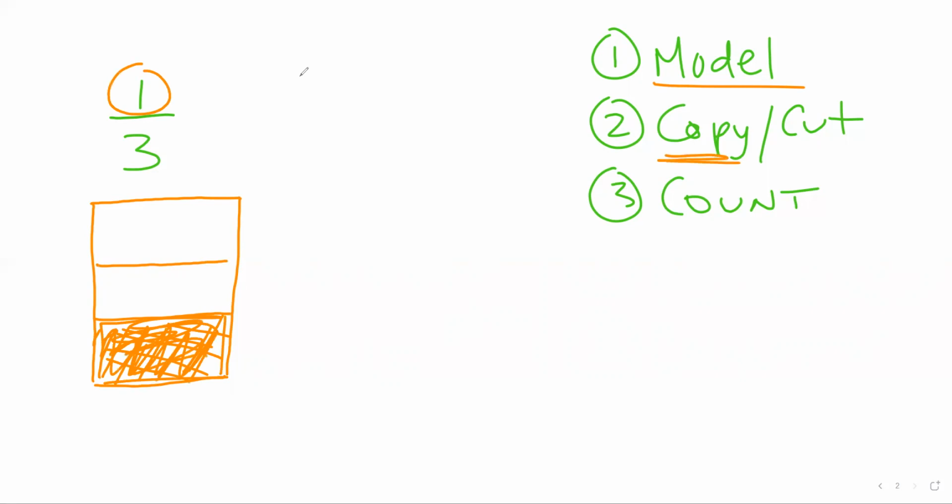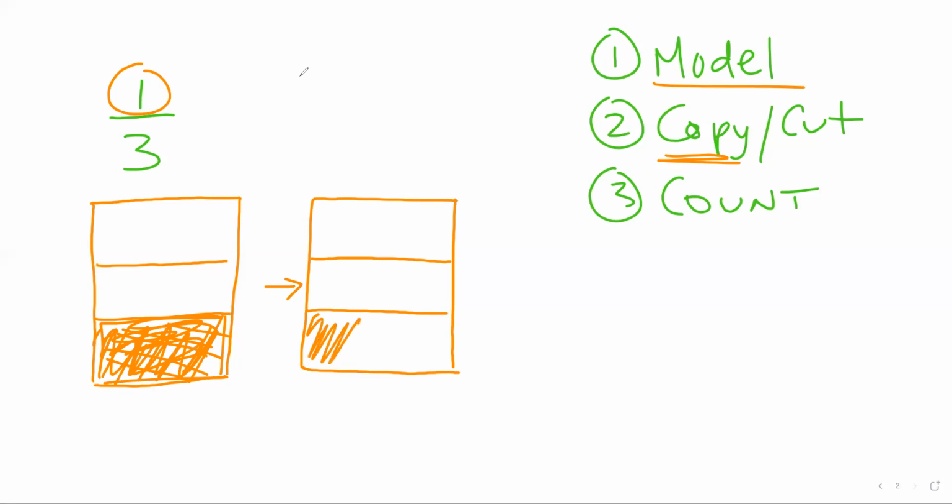It says to copy. And so that's actually what I'm going to do. I'm literally going to copy this same model. And I'm going to try to do it as precise as possible. So there's my copy. Okay, so model the fraction we have, and then I made a copy of that exact fraction.